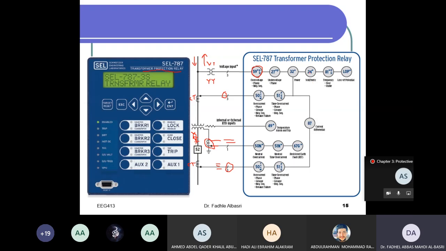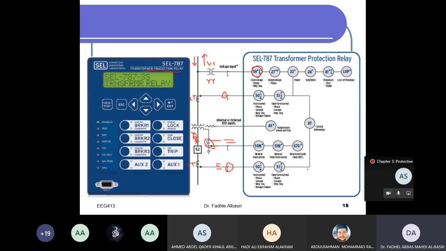And volts over hertz, V over F, is another type for overfluxing protection. So it needs a voltage as input, and I also need to measure frequency from that voltage. So so many functions are built in.